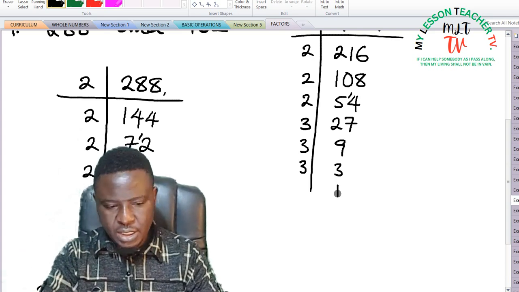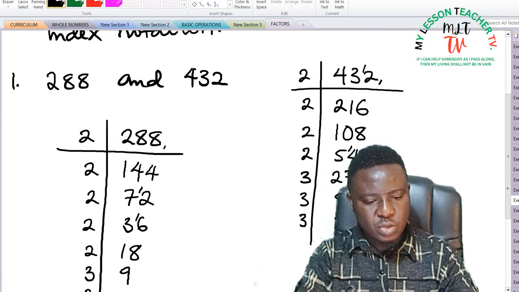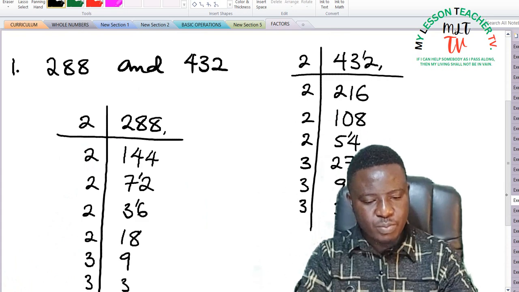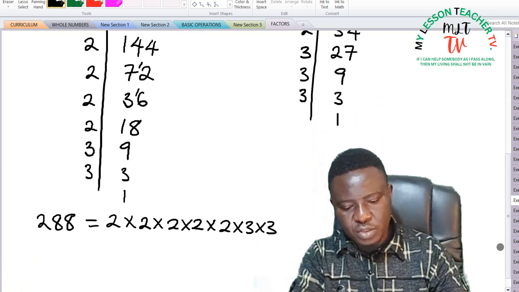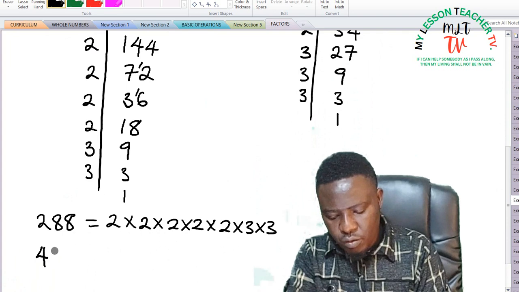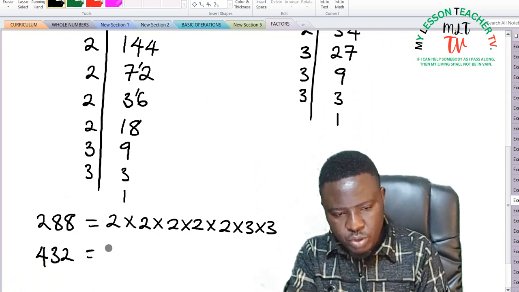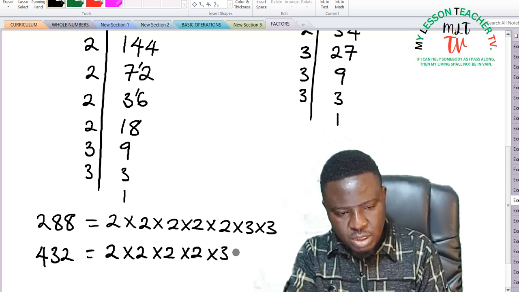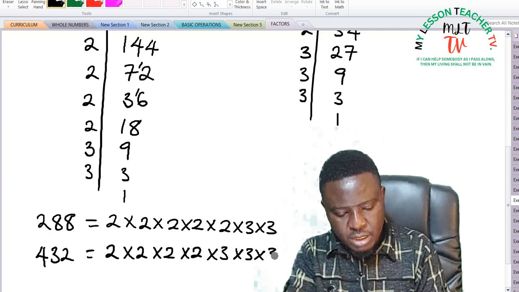So expressing 432 as a product of its prime factors, we have 432 to be equal to 2 times 2 times 2 times 2 times 3 times 3 times 3.